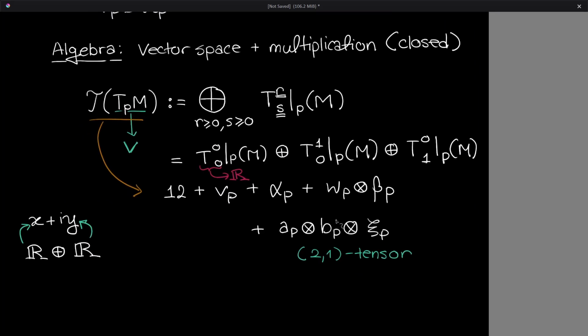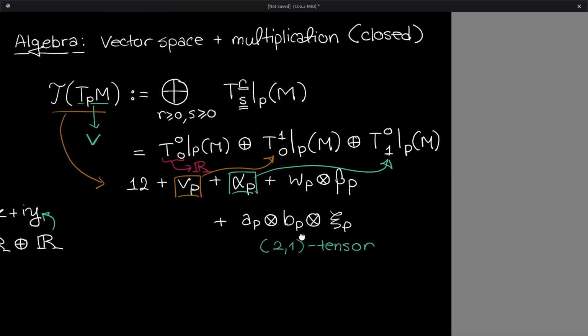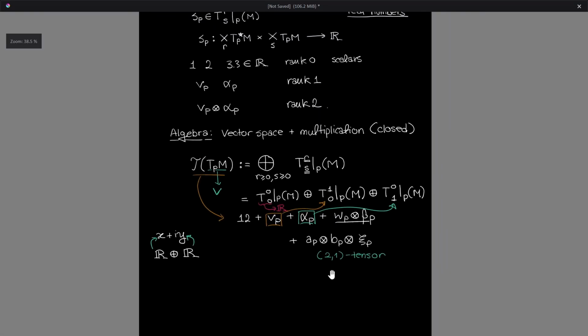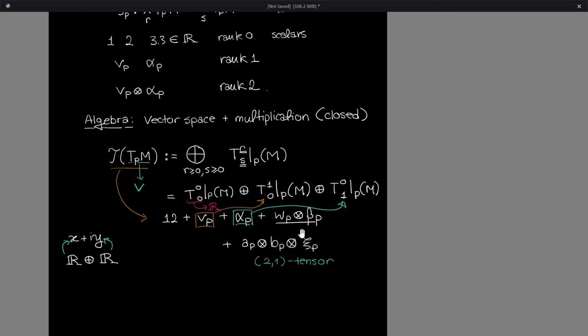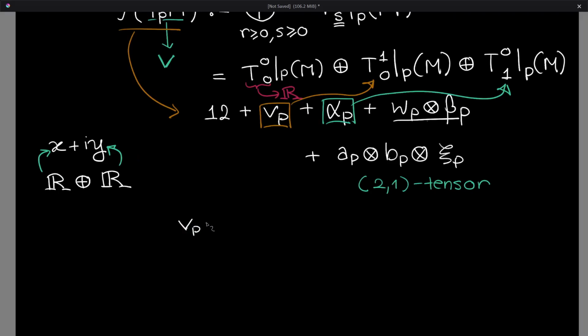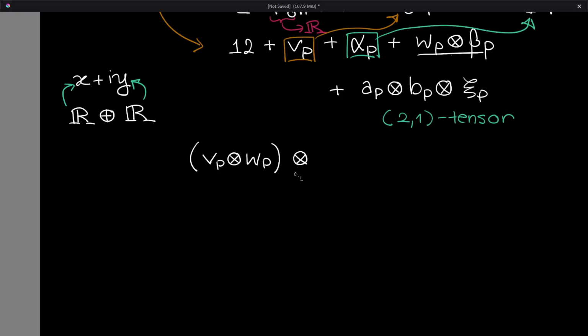So for example, this VP is from here, and this alpha P is from here, and these would be from further along. We need all of them, right? Because in order for the multiplication to be closed, we could multiply, let's say, VP tensor WP, maybe that's a tensor that we have. So on the algebra we need a product, and that product will be the tensor product.